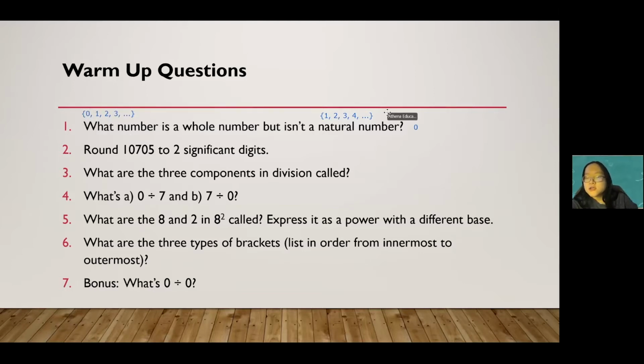Okay. So next question, round 10,705 to 2 significant digits. Does anybody have an answer to this question? Okay, I'm just checking. Sydney, are you raising your hand?